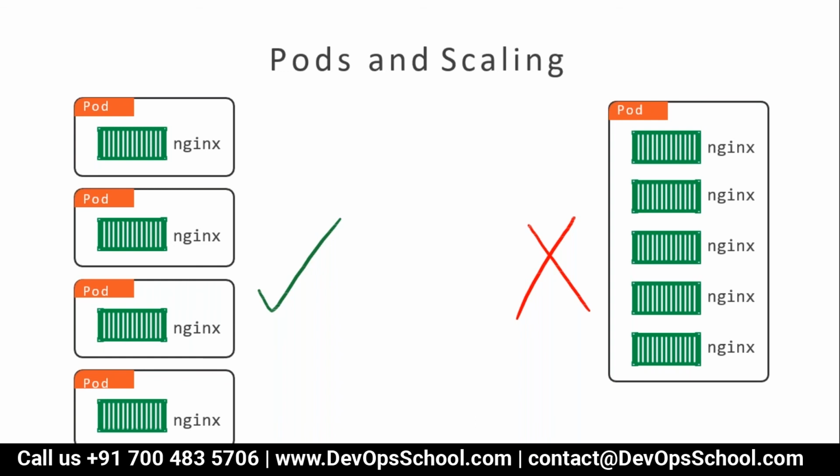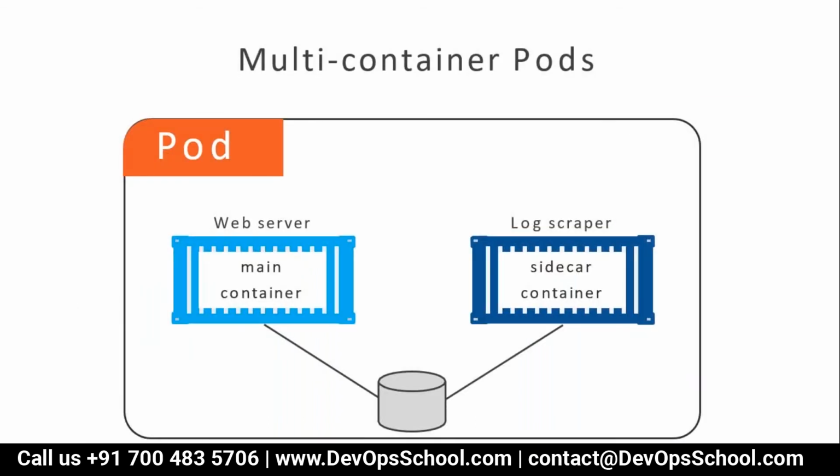It's wrong. Look at this, guys. In the pod, if you have 2 containers, the first container we call the main container, and the second container we call a sidecar container.